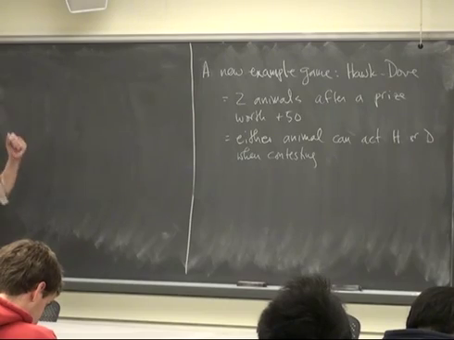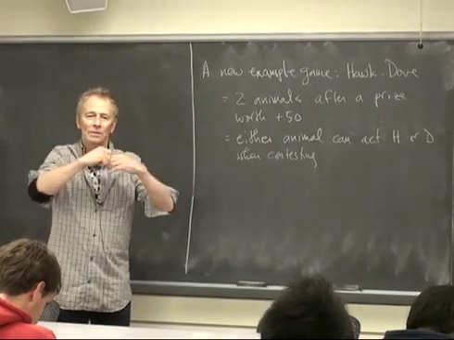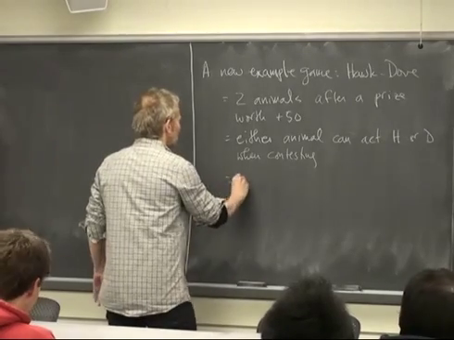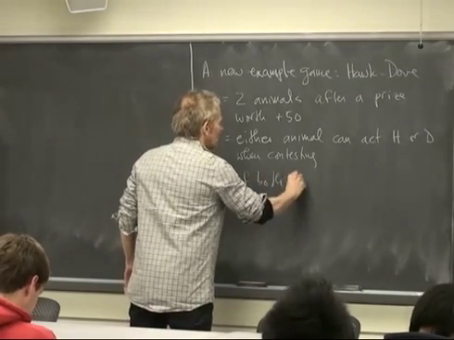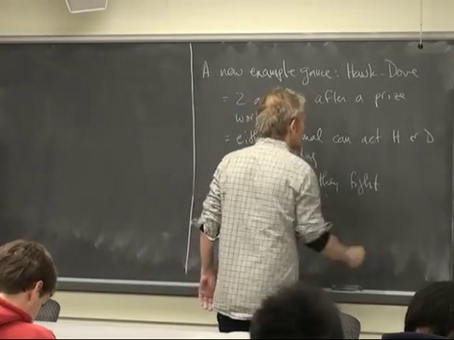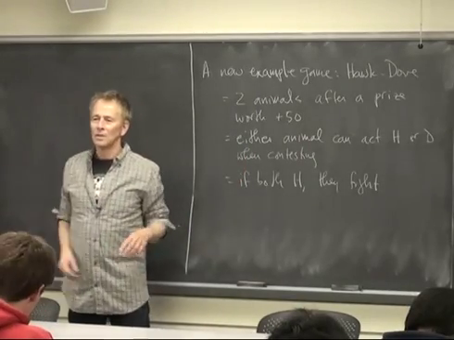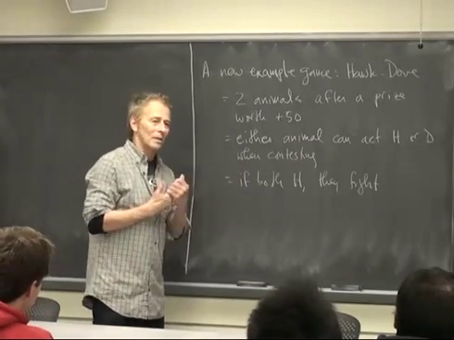And what happens? If they both act H, that means they fight. They have a big fight, right? So if both H, they fight, and they get all damaged. They get all scratched up, and their paws get broken and whatever.